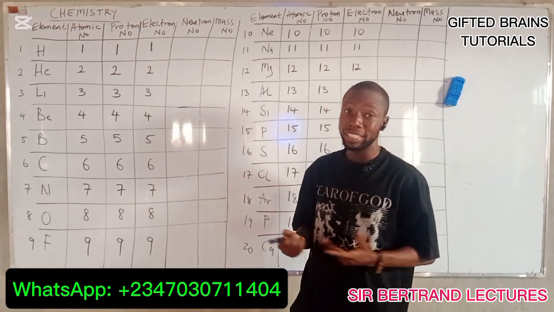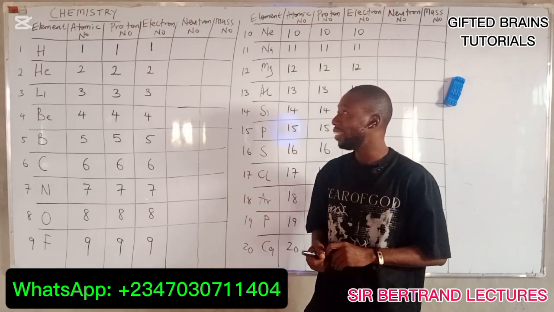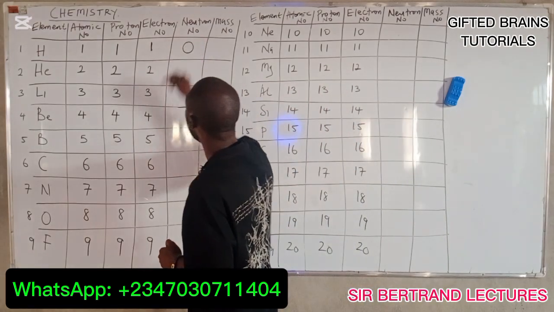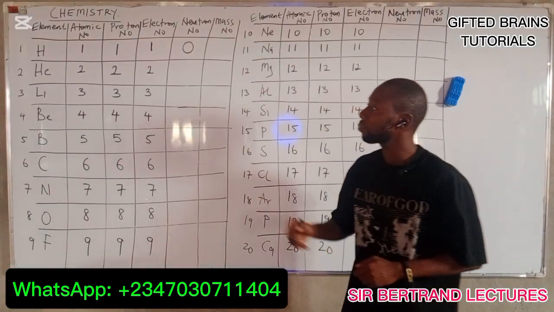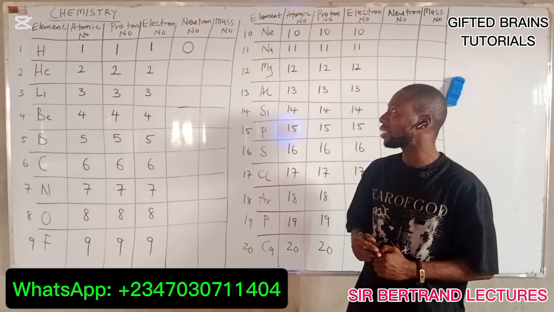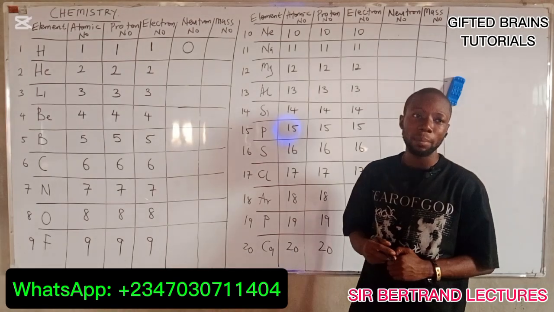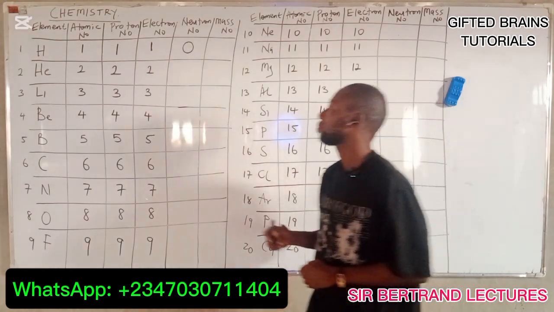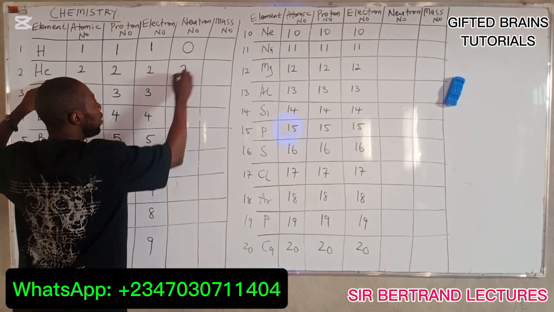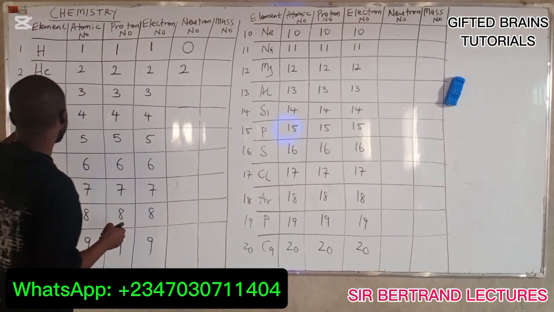And protium, the mass number is 1. Of course, I told you that it has no neutron. And that is why we have 0 here. Protium has 0 neutrons, and that is why the mass number is 1. Now for helium, helium here has 2 neutrons.